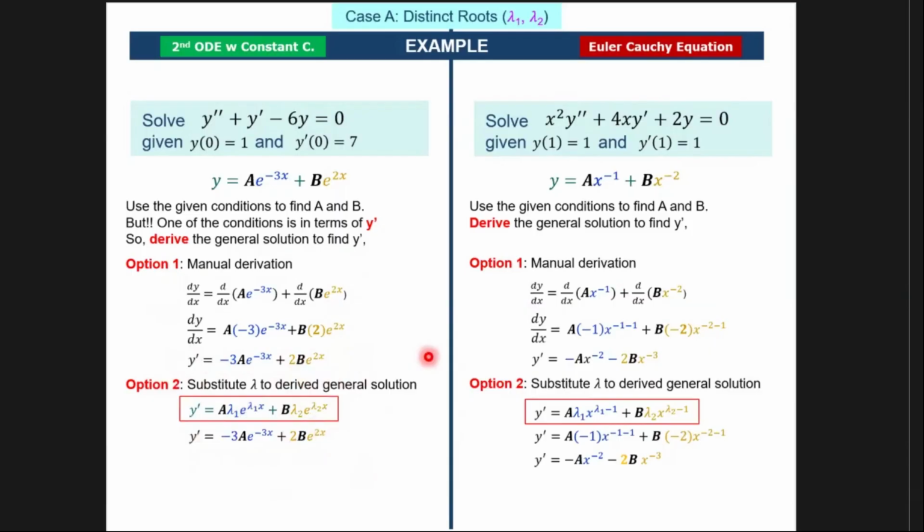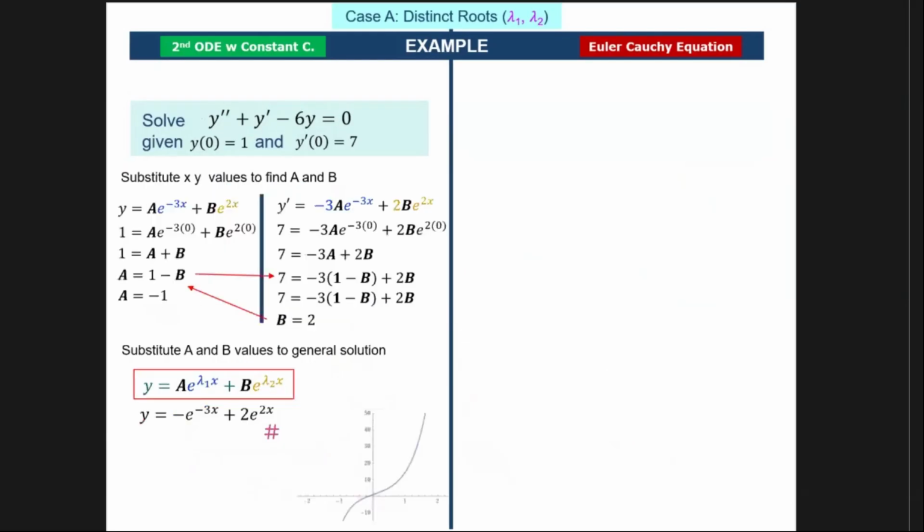All right. After you get the y prime general solution, you can substitute the values of the boundary condition here. For this case, x equal to 0 and y equal to 1. So y here equal to 1, x here equal to 0, and you can find the value of a.